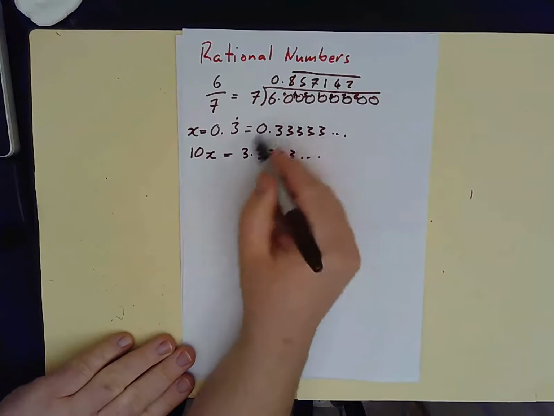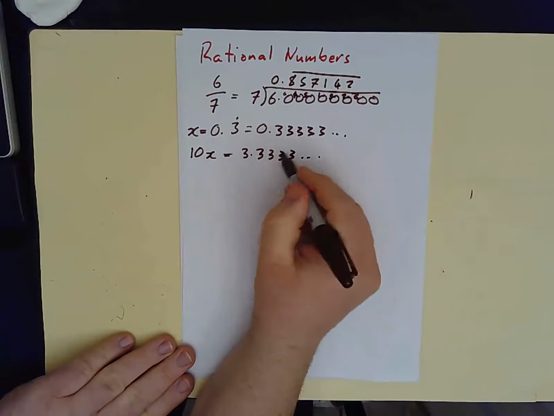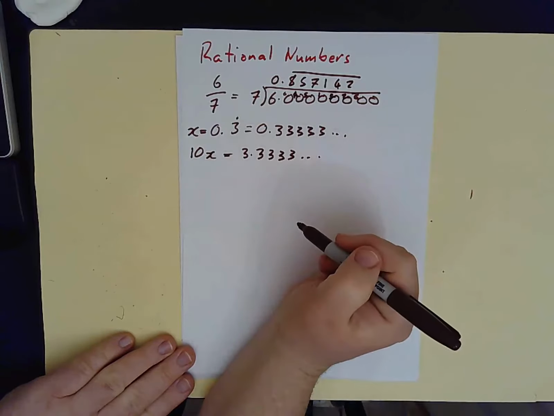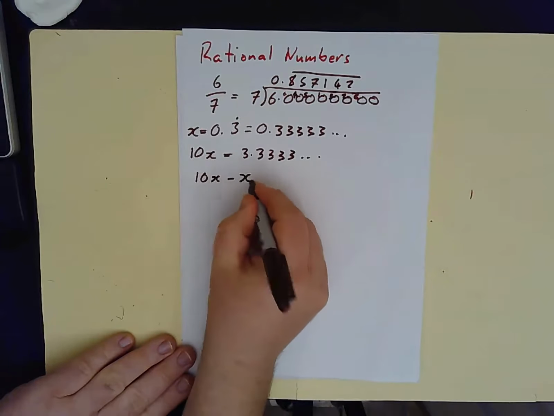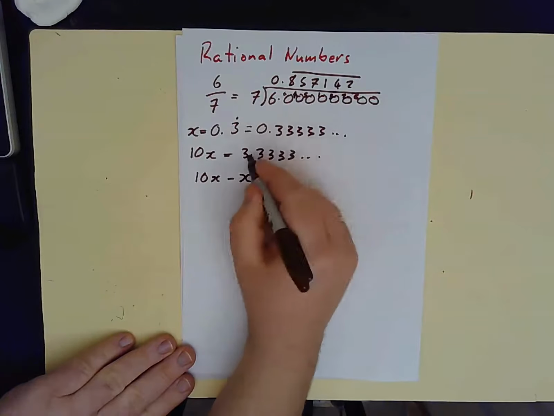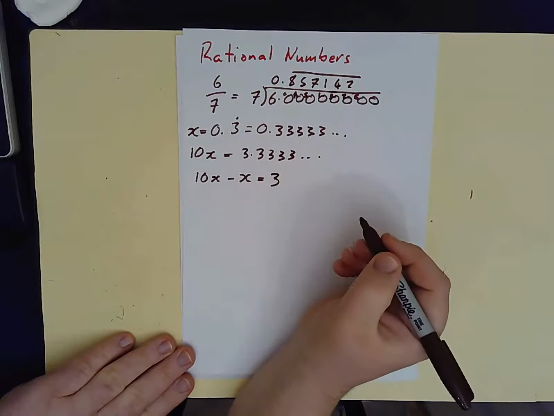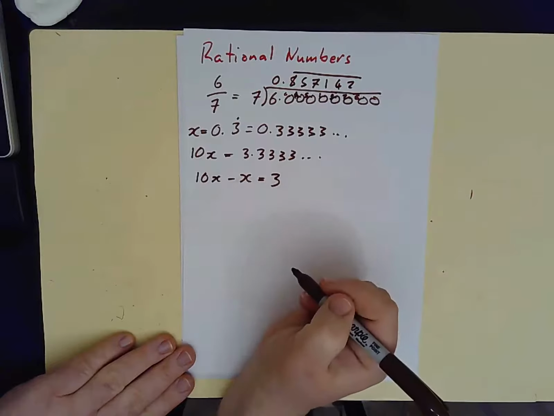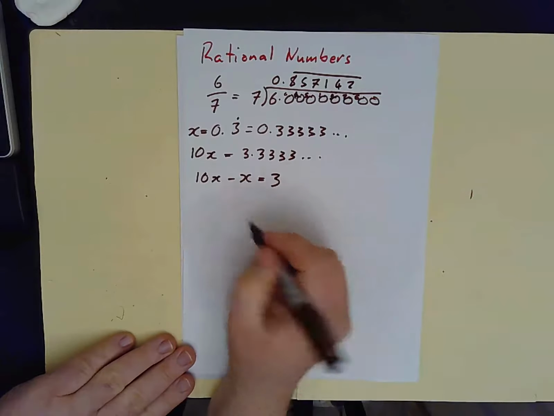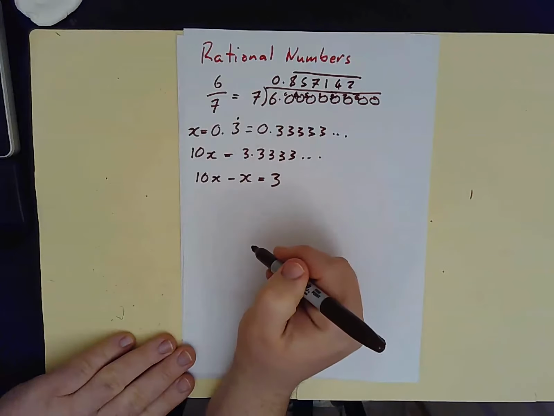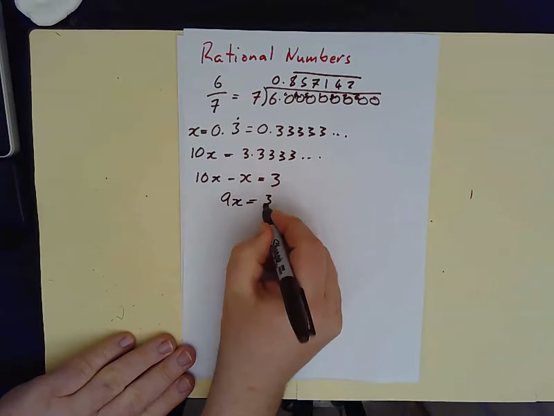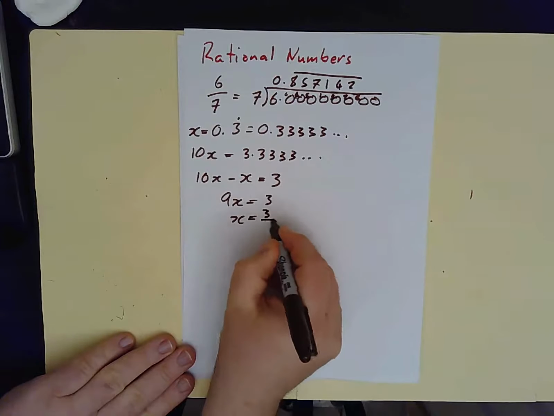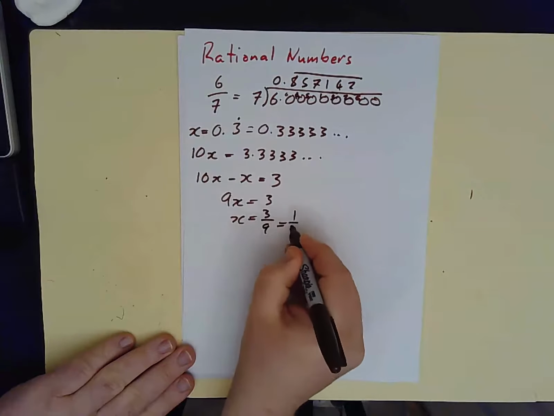Now if I minus these off each other, these two decimal parts will annihilate. So 10x minus x, I'm going to get this minus this, and I'm just going to have 3. Now I've got something that I can work with. So it's 9x equals 3, or x equals 3 over 9, which we can simplify to 1/3.